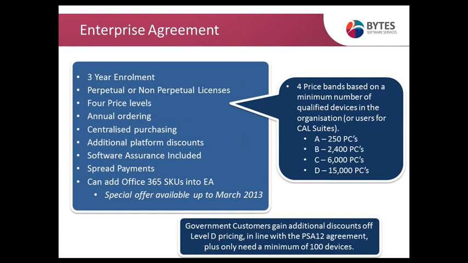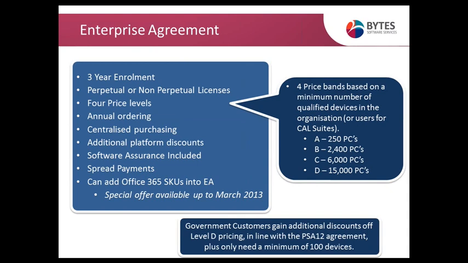If you opt for one of Microsoft's product platforms, and I'm going to go into that probably on the next slide, then you can get an additional discount off the price you pay. Software assurance is part and parcel of the enterprise agreement, so it's automatically included, as are spread payments. So you don't have to have a one-off upfront cost. You can spread your payments over 3 annual increments.